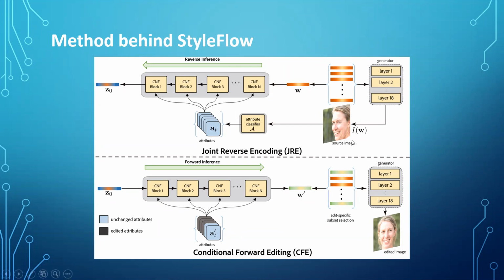In the first part, you get labels of all the attributes in the source image, like it's a female looking towards the left, the lighting is coming from the left, she's smiling, and she's a certain age. For the conditional forward editing, it changes things like the position to looking forward, and multiple attributes can be changed one at a time.